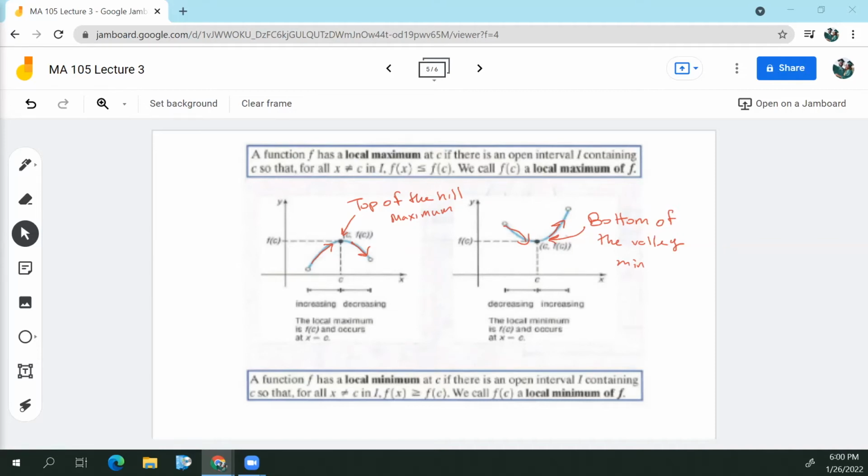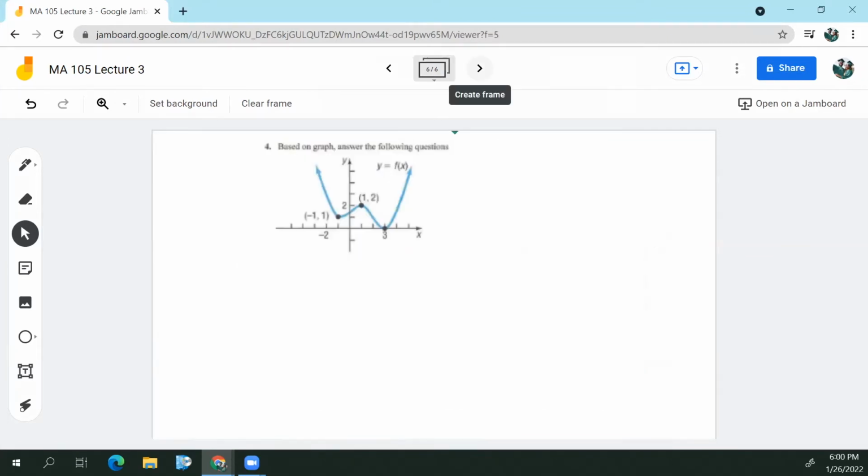All right, let's take a look at problem number 4. Based on the graph, answer the following questions. I'm going to write them down. Question A asks basically, what are the x values where f has a local max?